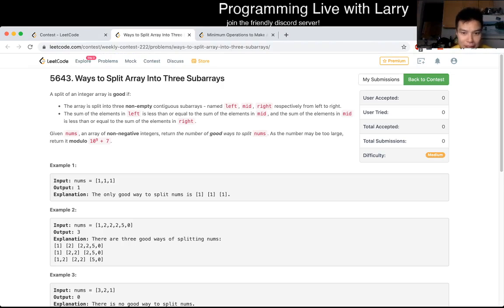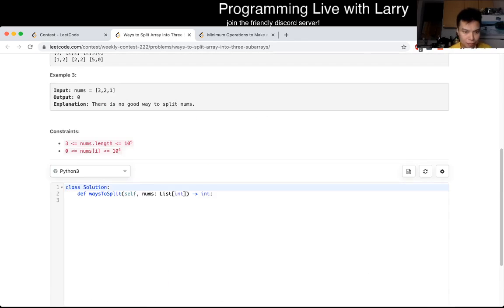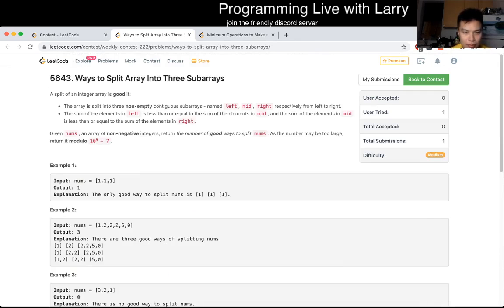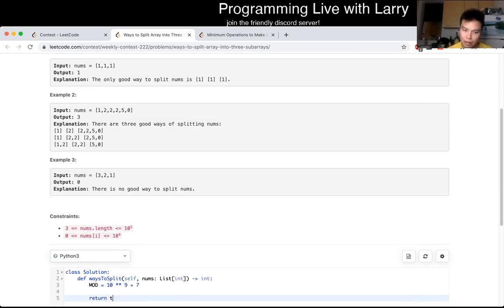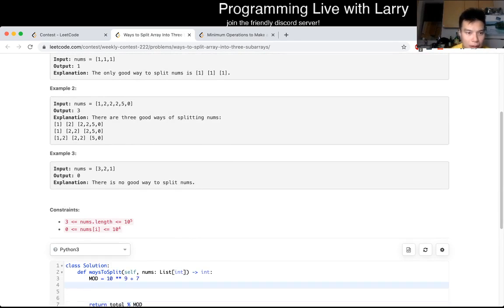Okay, well, this is going to be a sloppy contest. That was an easy problem. 2 easy problems, really. Okay, mod again. Sloppy.